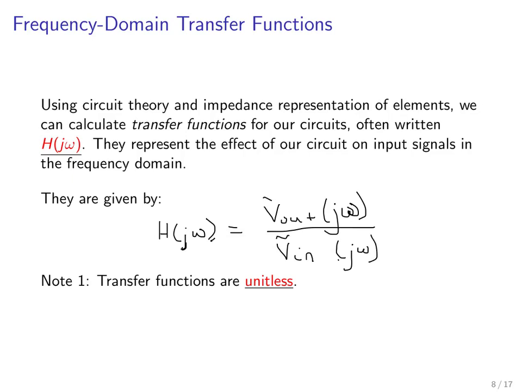The Fourier transform of each of these guys. So I'm writing that as the tilde on top of each of them. So one thing to note is that because each of these guys have units of volts, when you take their ratio, the units cancel out, so transfer functions are going to be unitless quantities.